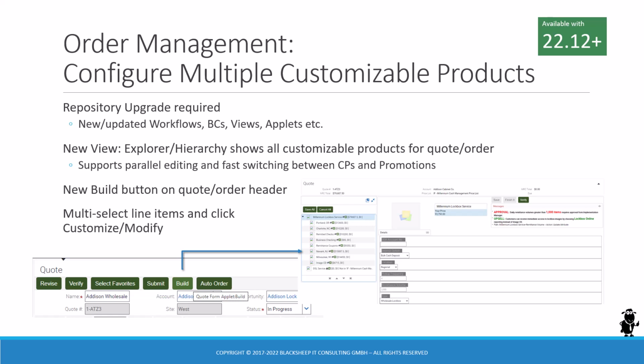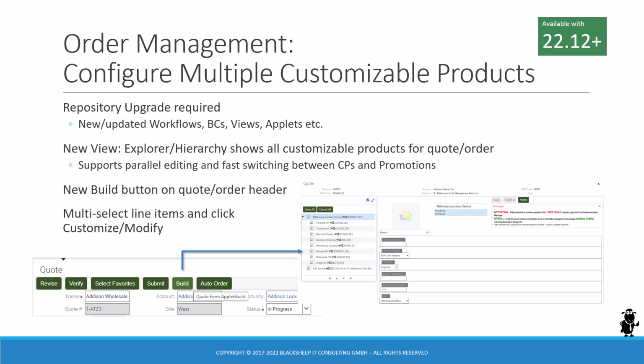So there's a new button on, for example, the quote header or order header applet called Build. When you have multiple customizable products or promotions in the quote or order line items, this view opens automatically and uses an Explorer style applet to allow the user to navigate the customizable products, and the UI is shown. So big time saver there.